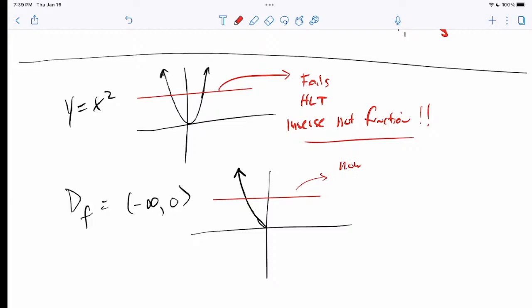Now it'll pass the horizontal line test, and the inverse is a function. Those are some things that we had talked about. So on the exam, be able to calculate the inverse of a function. If you get a graph, you can see visually whether the inverse is a function. Be able to restrict the domain such that that happens as well.